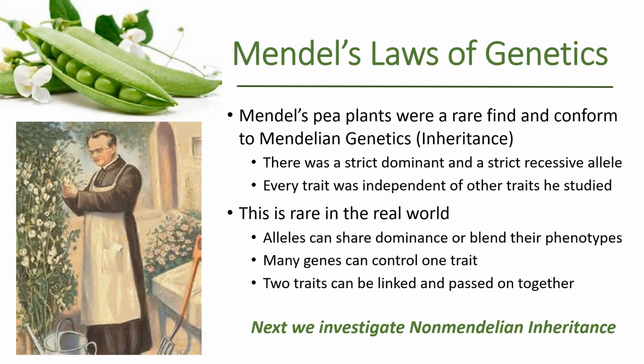We have special kinds of traits that only get passed on if they're on an X chromosome or a Y chromosome. We have things called incomplete dominance and codominance. So he picked some good traits to give us the basics of genetics. Unfortunately, this isn't where the story ends. We're going to learn all about these non-Mendelian inheritance patterns in our next lecture.